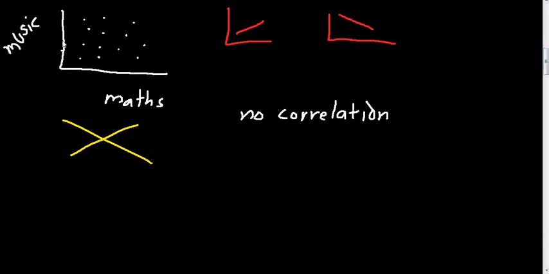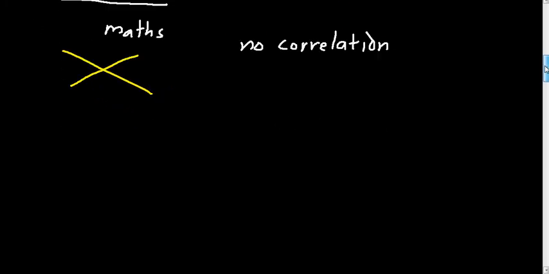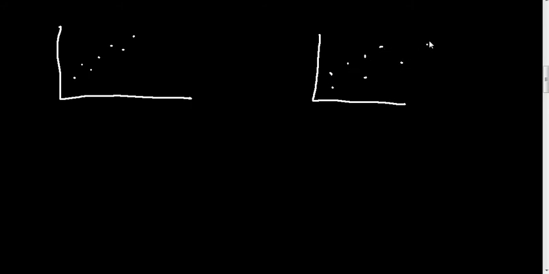So now how do we test the strength of the correlation between two variables? Let's look at two situations like this. One scatter graph looks like this and the other scatter graph looks like this. We can see in both scatter graphs it's a positive correlation.